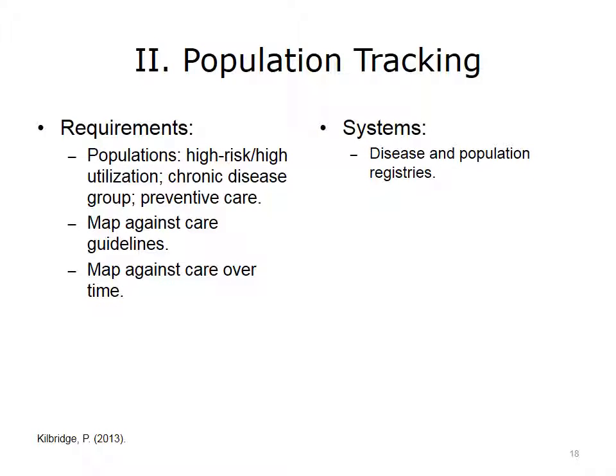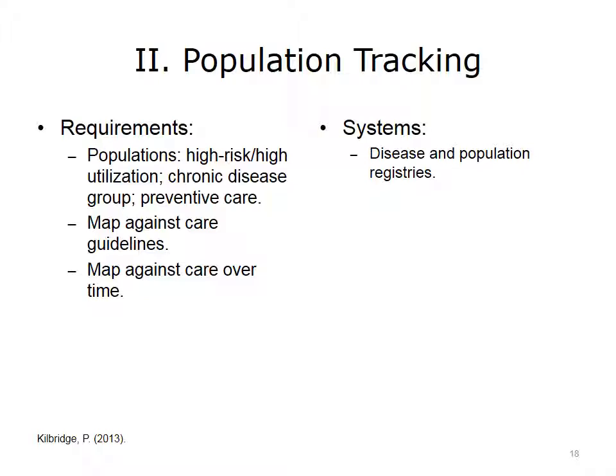For population tracking, there are several populations that we require to be tracked from our overall total population. We have subgroups, such as high-risk, high-utilization populations, who get very intensive services from any number of high-risk interventionists, such as case managers, health behavior specialists, or health coaches.